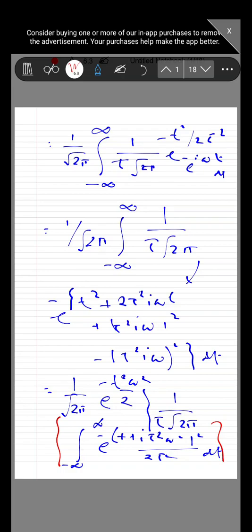And this expression here in the bracket is equal to 1, as it is the integral of a normalized Gaussian distribution. So if it is the integral of a normalized Gaussian distribution, this integral has to be equal to 1. So what we will ultimately get is this term.